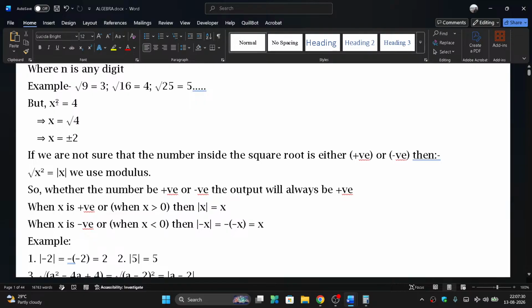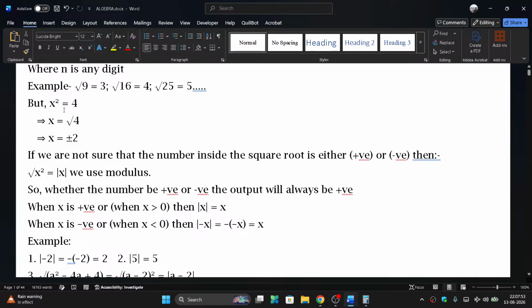The next step would automatically be x equals root over of 4. It is an automatic transition from x square equals 4. The root over will go this side, and x equals root over of 4. But the value of x would be plus minus 2.